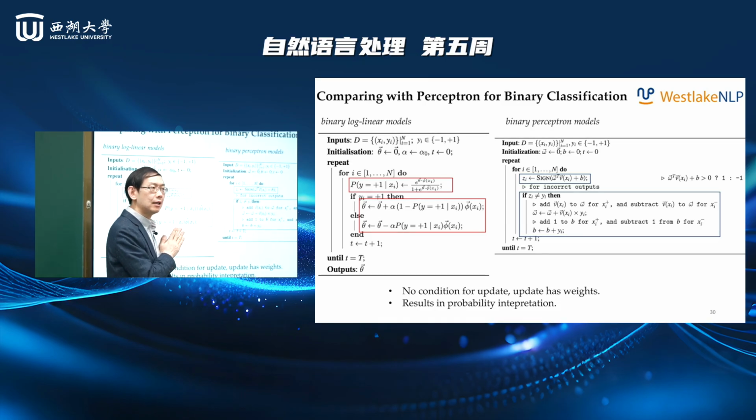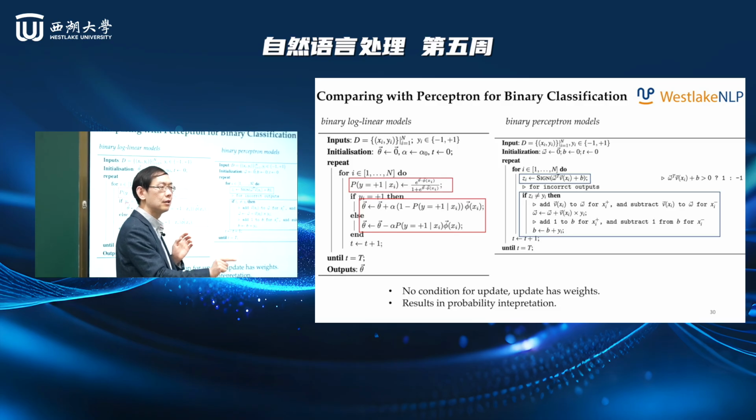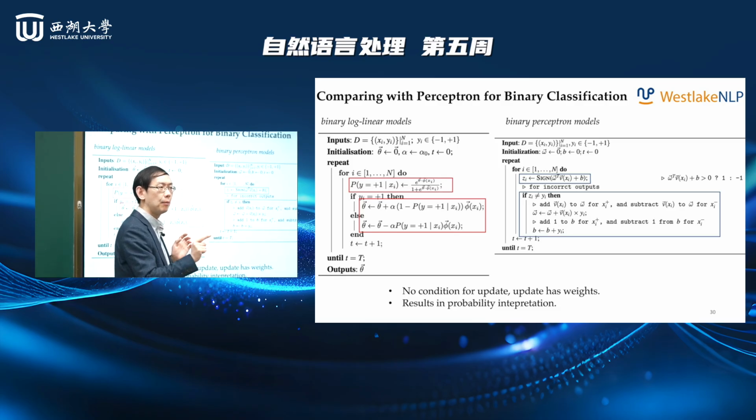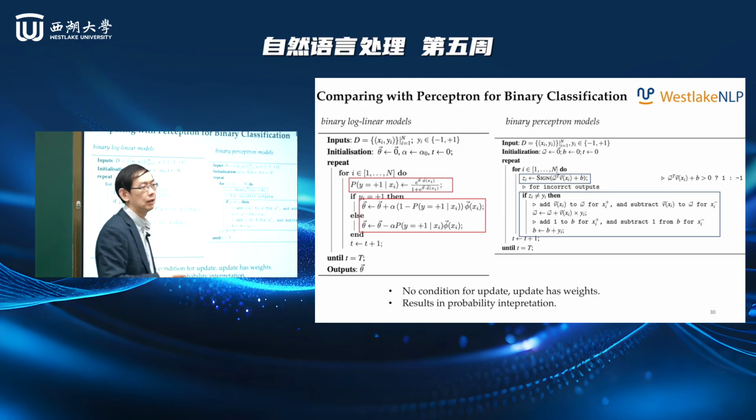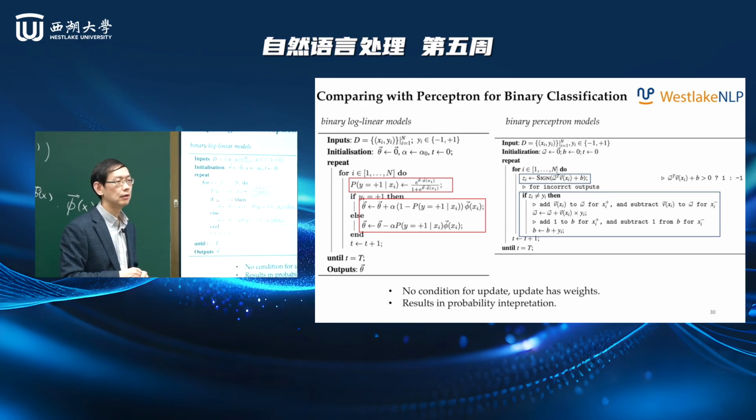It means that the lower the positive probability the model gives a positive sample, the more aggressive I update my model parameters. I require my positive sample to be scored probability 1. If it is closer to 1, I give it a smaller update. But if it's closer to 0, I give it a big update. I want it to be 1.